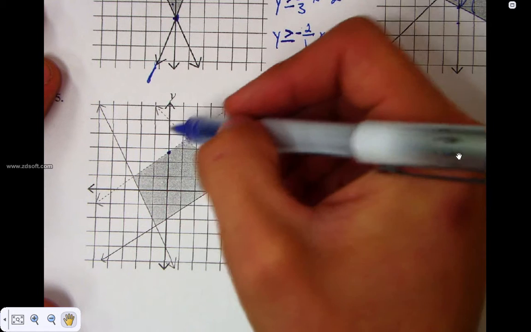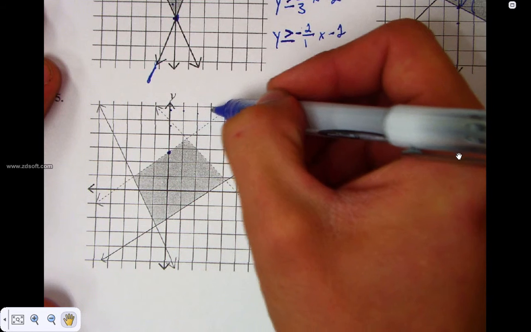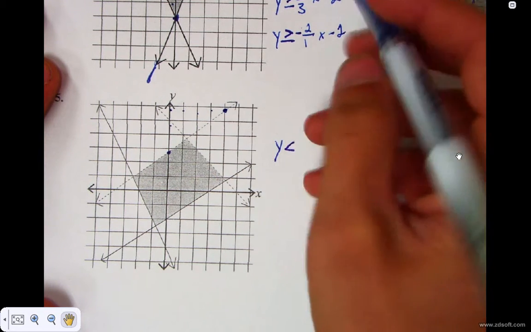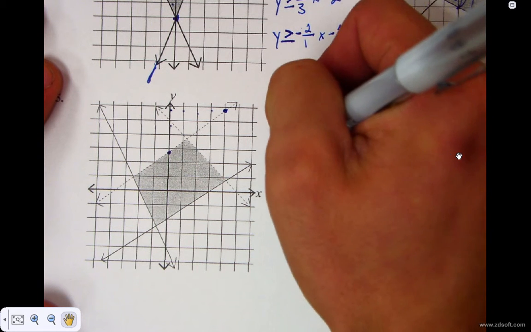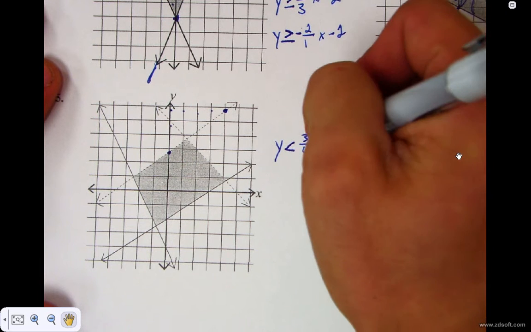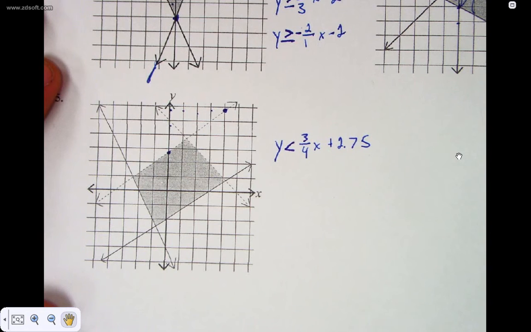My slope looks like it's going from this point. I go up 1, 2, 3, over 1, 2, 3, 4, and that's right about where I started. So I'd say up 3 over 4 x, and it looks like I started at something like 2.75. So that would be the first equation, something like that.